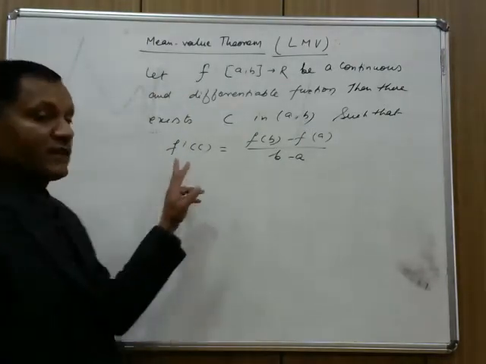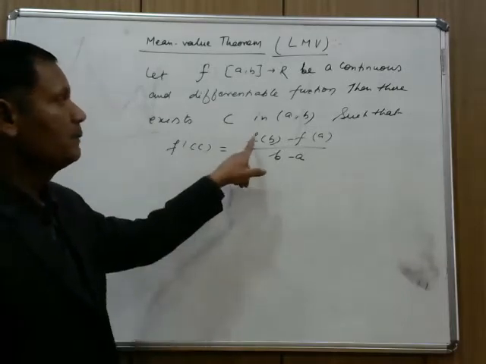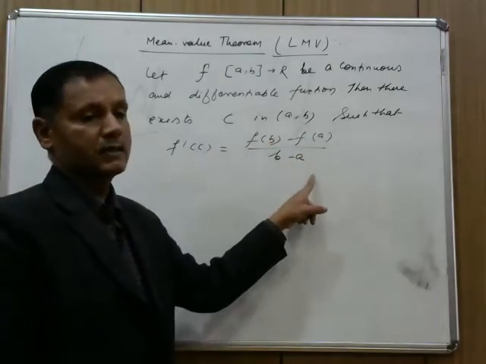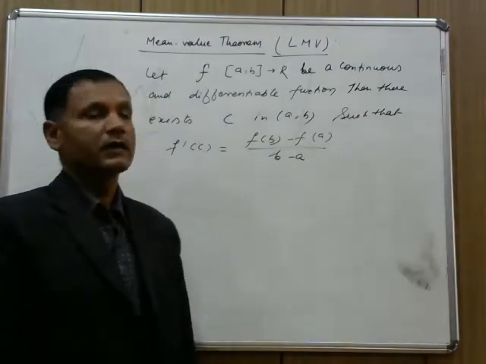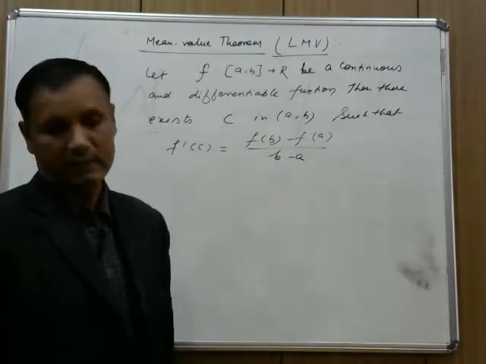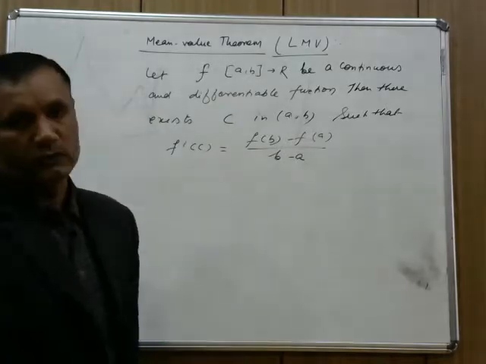Here it is not f dash of c equal to 0. Now here f dash of c is equal to f of b minus f of a upon b minus a, and of course here we will not have f of a equal to f of b. Here f of a and f of b will both be different. This is the statement for the mean value theorem.